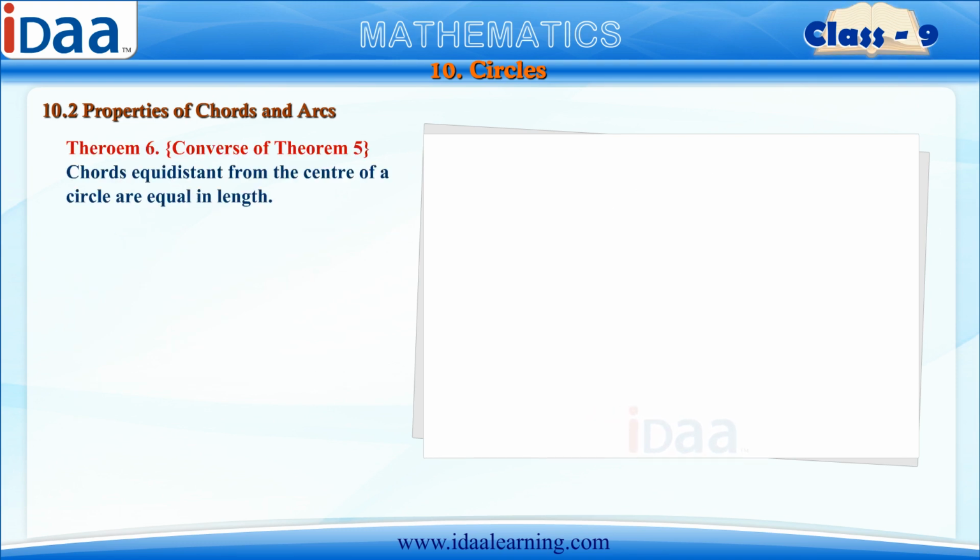Theorem 6. Converse of Theorem 5. Chords equidistant from the center of a circle are equal in length. Proof. In the figure, we have first drawn two line segments OL and OM of equal length and lying inside the circle.